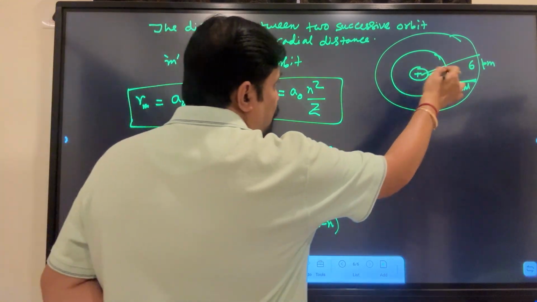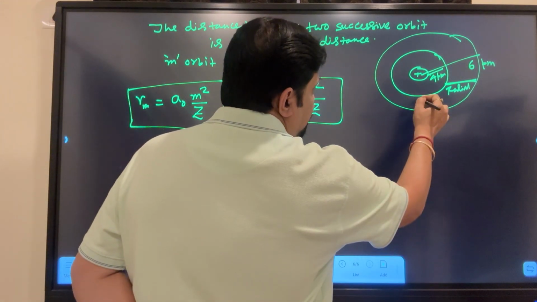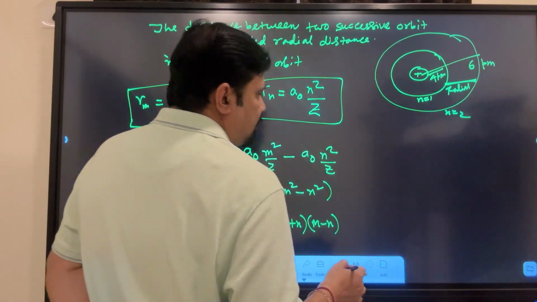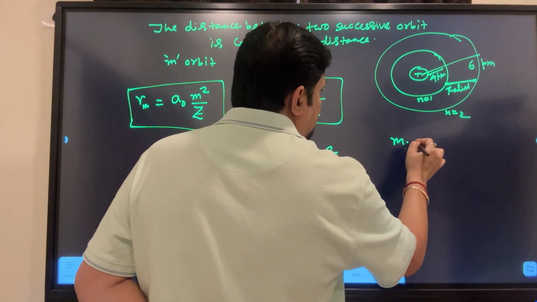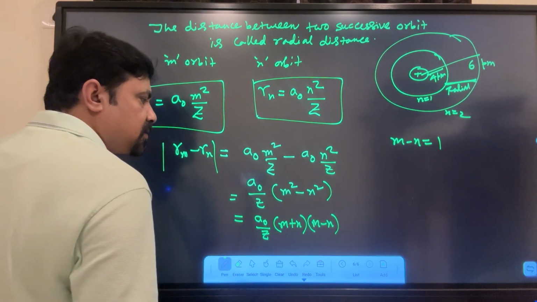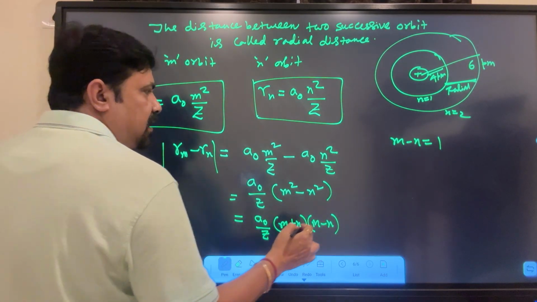We already said these are two successive orbits. If they are n1 and n2, two successive orbits, then the difference m minus n is definitely 1. So m minus n equals 1.